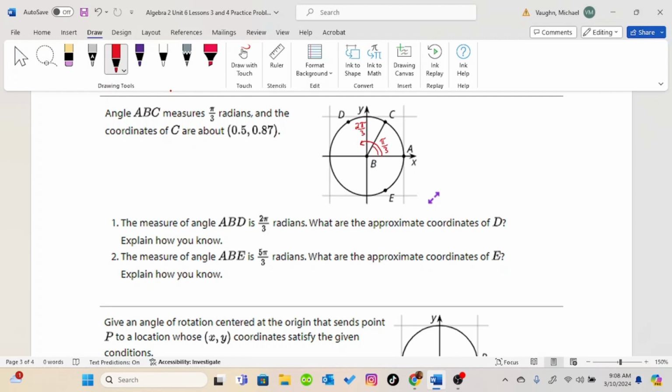Well, the only thing that changes here is that as we go from C to D, our x coordinate is now negative, but our y coordinate is still positive. So all we have to do is take 0.5 and make it negative 0.5. And the y of 0.87 stays the same.